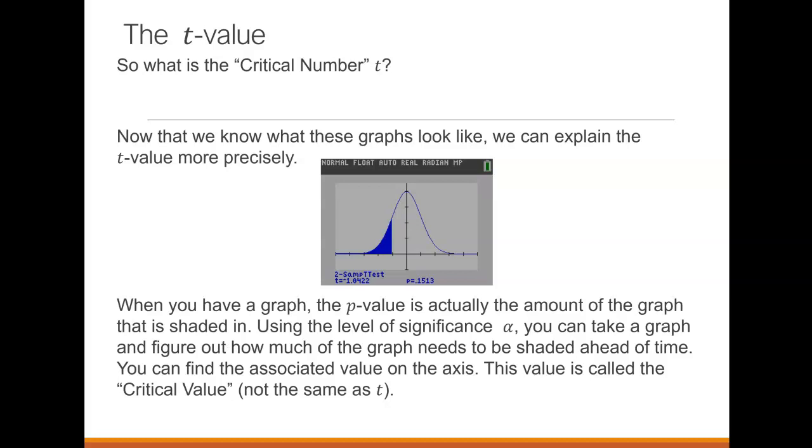Using our level of significance, we can figure out ahead of time how much of the graph needs to be shaded. So figure out what 5% of the graph shaded on the left side looks like. That's what we call the critical value, not the critical number, but the critical value: the x value on the x-axis where everything under that is shaded, or 5% of the graph is shaded. Everybody's okay?